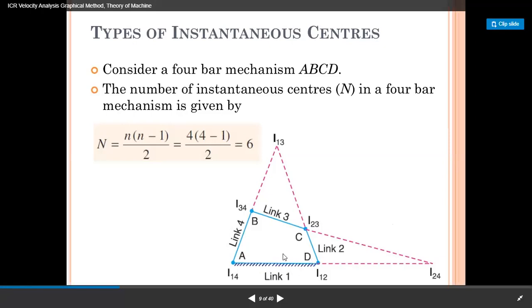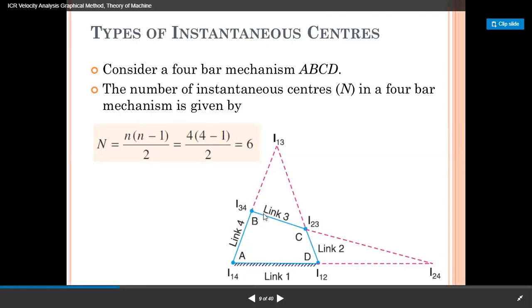This link can't be moved. So the instantaneous centers which we can generate on this fixed link are fixed instantaneous centers, right? Means I14 and I12 are fixed instantaneous centers, and I34 and I23 we can get on link number 3.